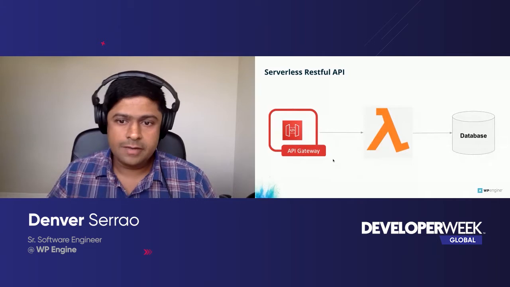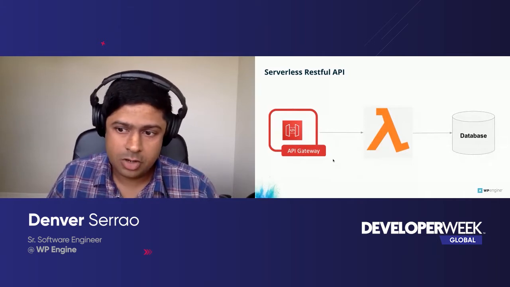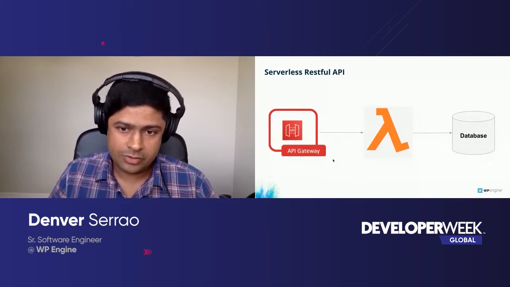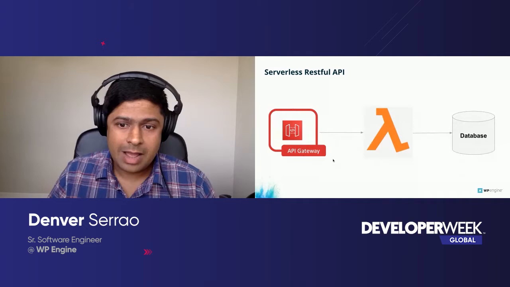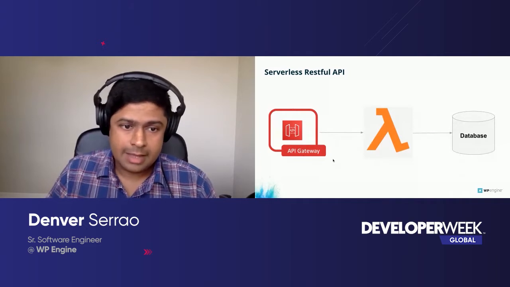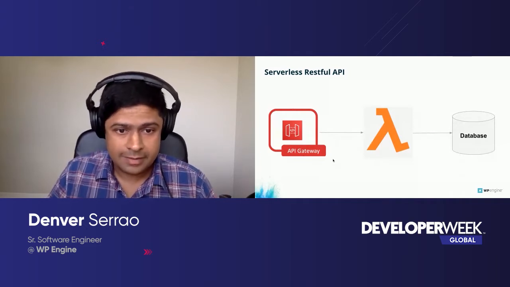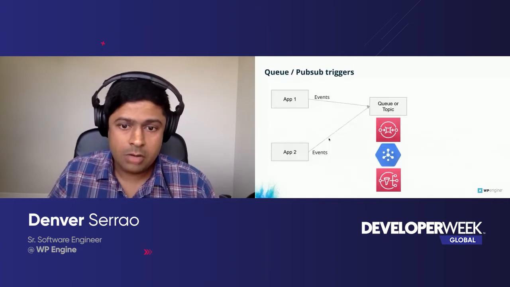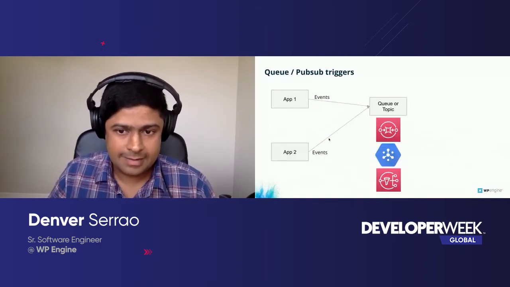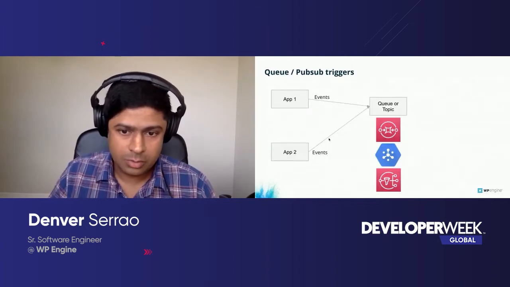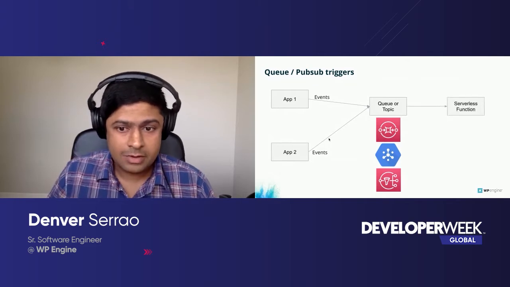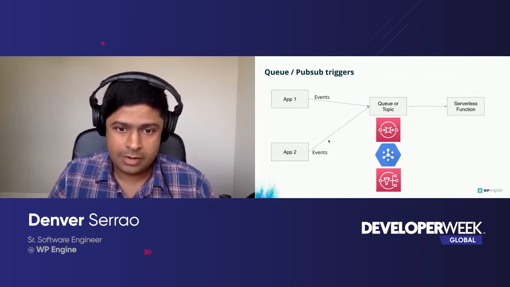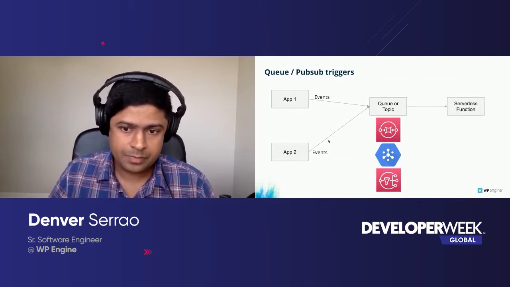Another great pattern is using a queue or a pub/sub topic to trigger serverless functions. While your applications are running, they can publish events to a queue, like SQS, for example, or a pub/sub topic like SNS, Kinesis, or Google PubSub. Then serverless functions can get triggered from those events.